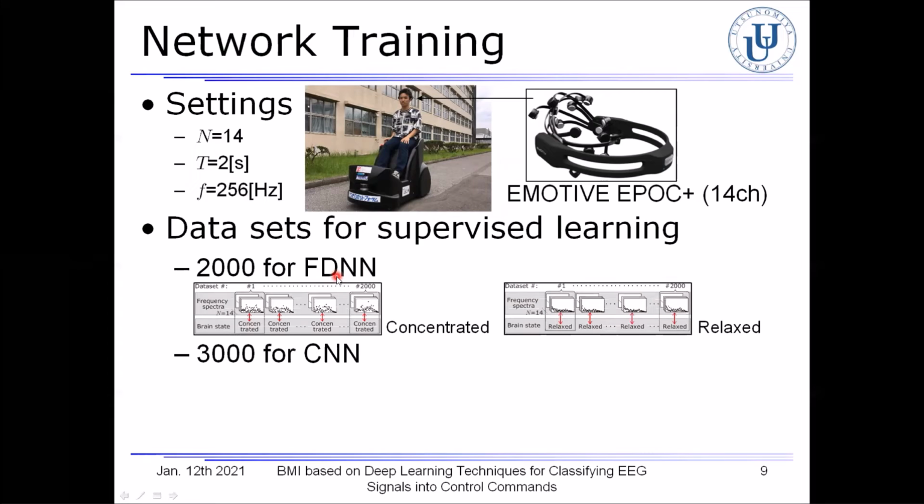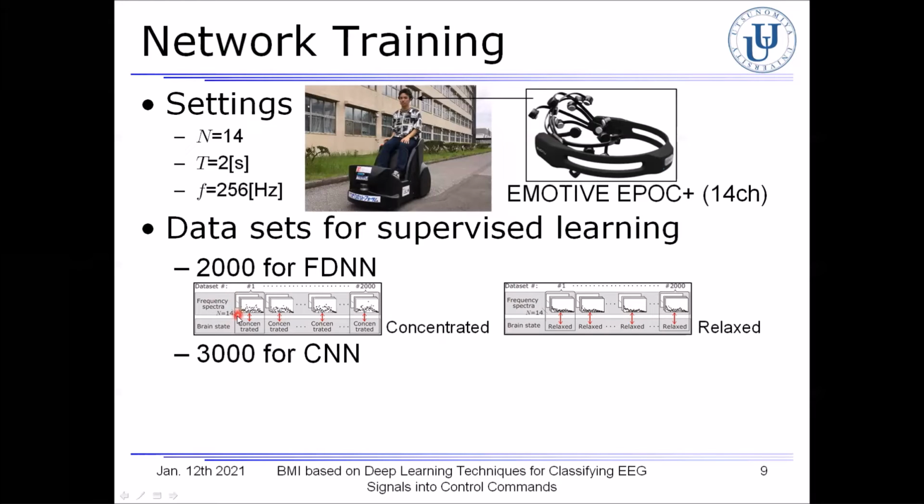For the linear velocity command classifier, EEG signals when the user concentrates and relaxes are measured. And as shown in these figures, the EEG signal measured at each electrode is then transformed to the frequency spectra through the FFT.